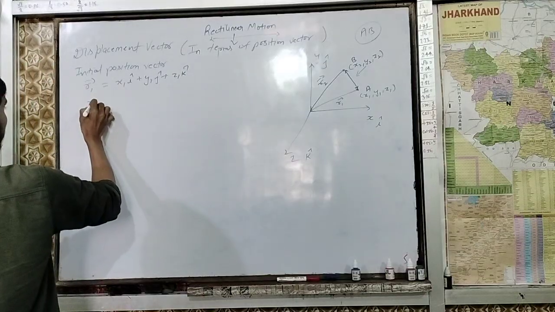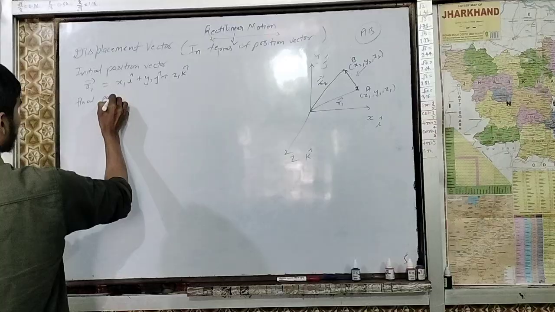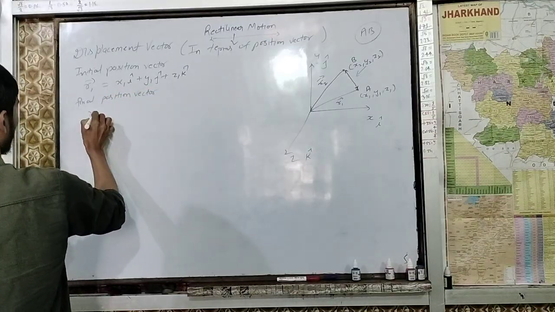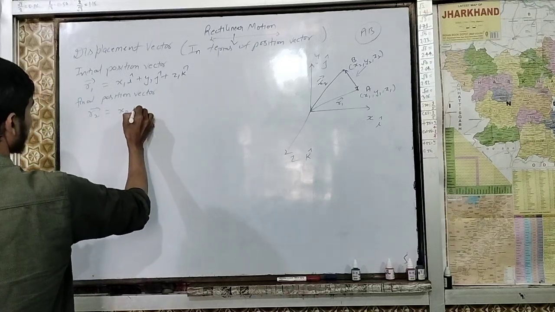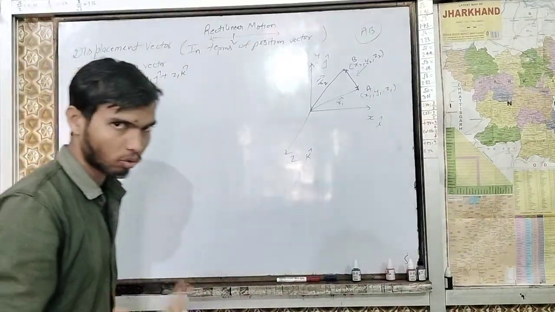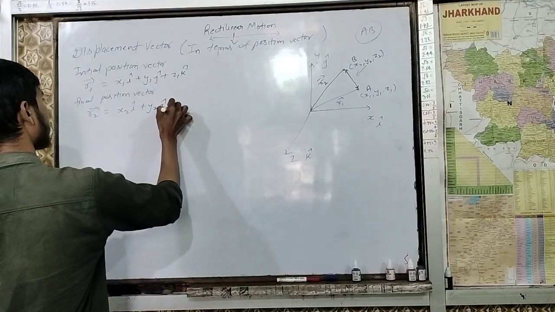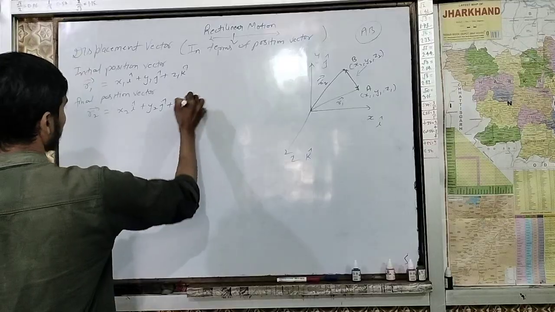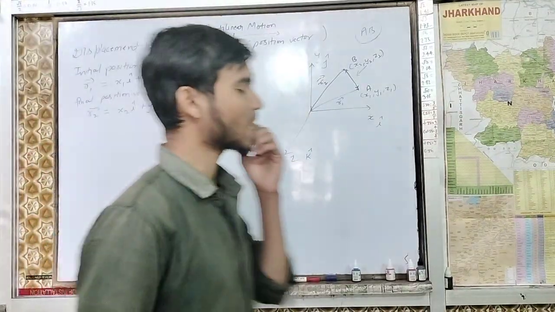Our second, which is the final position vector, is R2. So here the coordinates are x2, and this i cap is used for direction, you know. So x2 i cap plus y2 j cap plus z2 k cap. Am I correct? So we get the two position vectors from this figure.